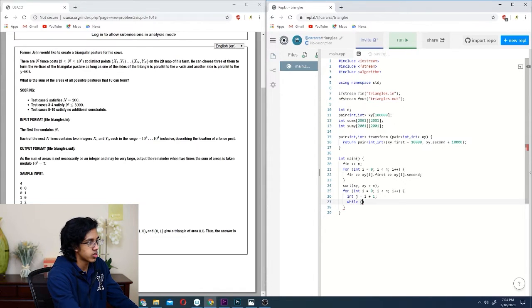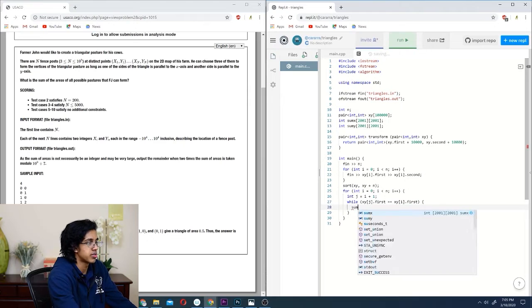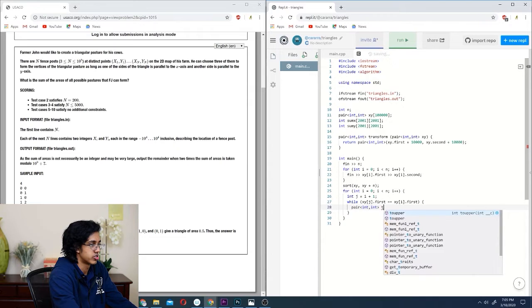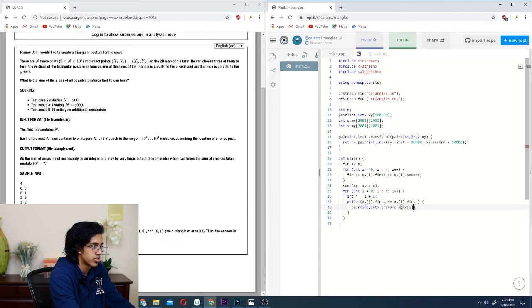Okay, so while xy j dot first is equal to xy i dot first, then we basically add to the sum. And we want pair int transform of xy i.